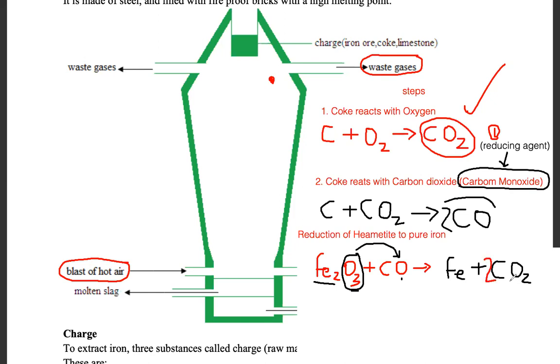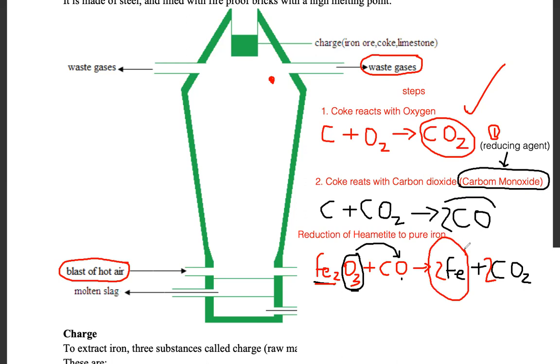When we put a 2 here, oxygen will be 4. Oxygen is 4 already, and then the iron, we have got 2 here, so we'll just put a 2 here, and this will be the balancing of the equation. So the extraction is done because the pure form of iron has been formed.